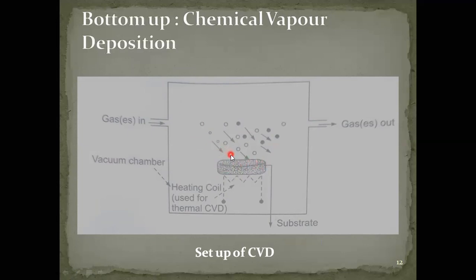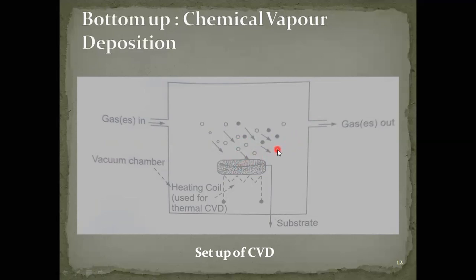If you have two different gas molecules, see here, one is filled and one is hollow. When two different gas molecules come and adhere, it requires some time for them to adhere on the substrate. So there are again two processes. The gas molecules can stay on the glass plate or they can get away from the glass plate.